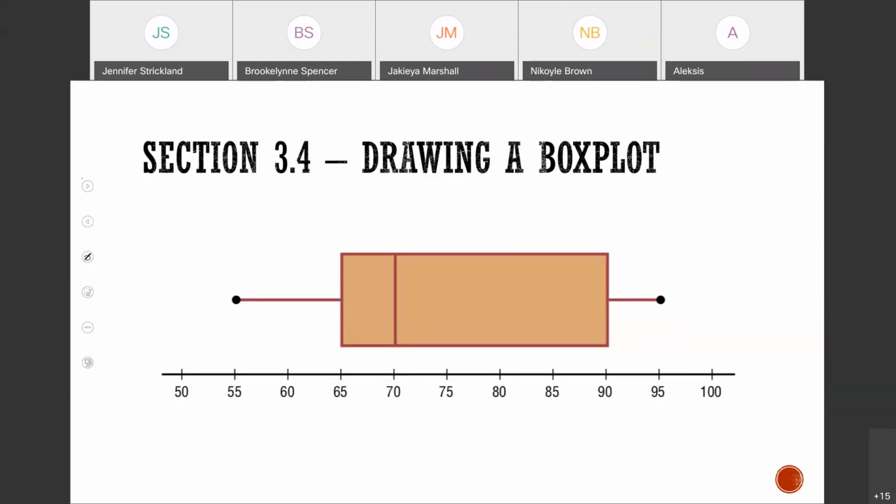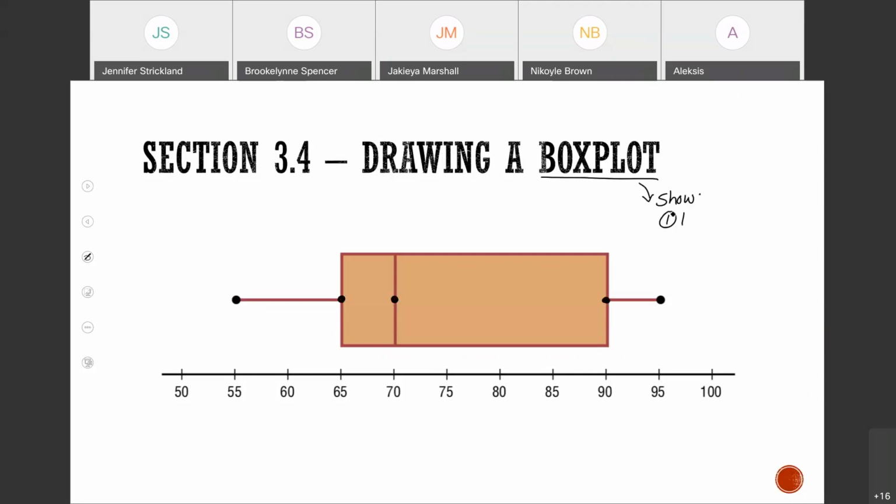This one's not done exactly like I would have liked. You should have 5 points that are marked off on the graph. Okay, so what I'm going to ask you to probably write down is that a box plot is going to show 5 numbers.